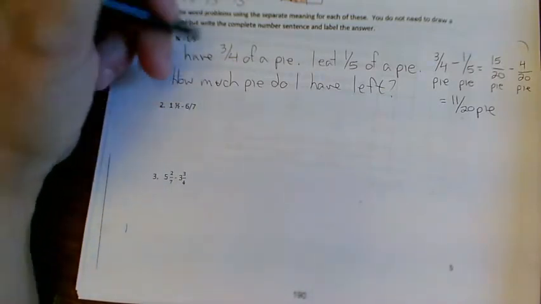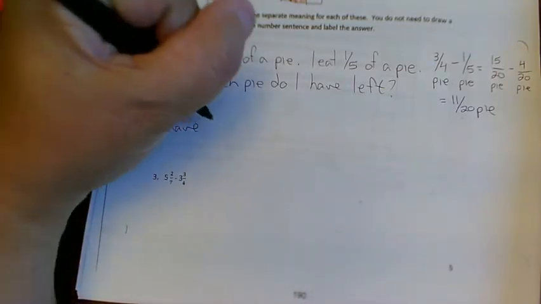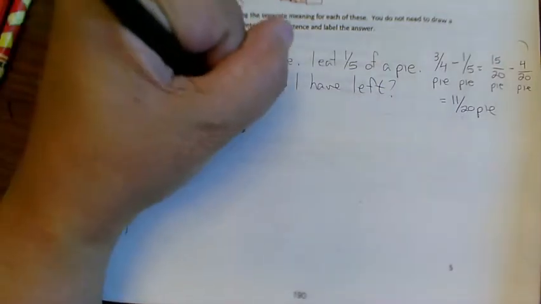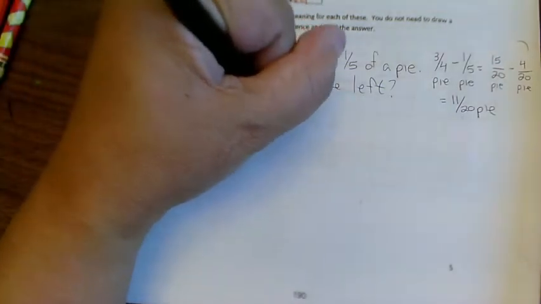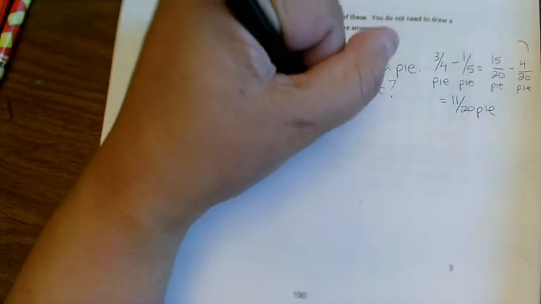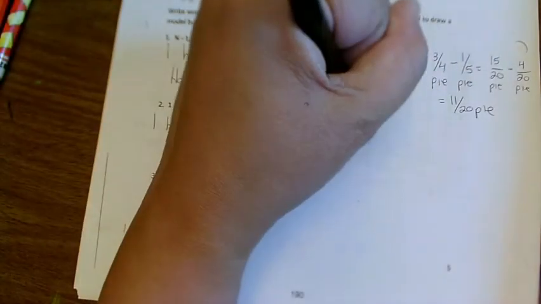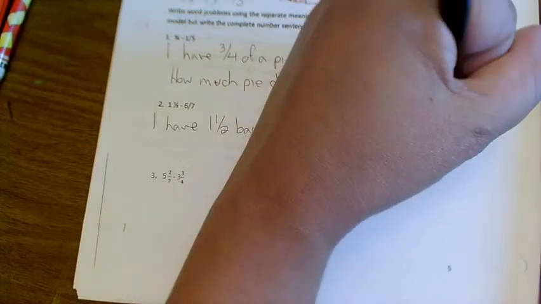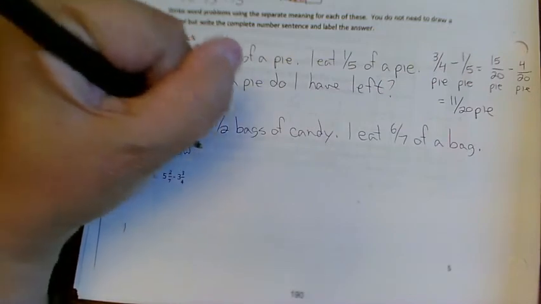1 1/2 minus 6/7. So I have 1 1/2 bags of candy. I eat 6/7, again, matching labels, of a bag. So how much candy is left over?